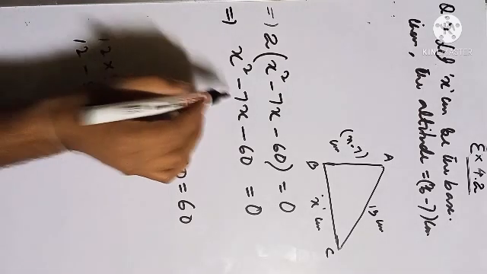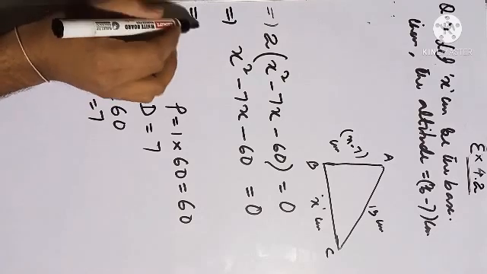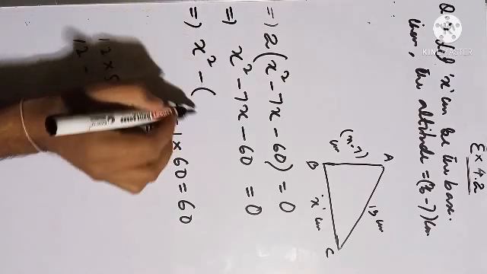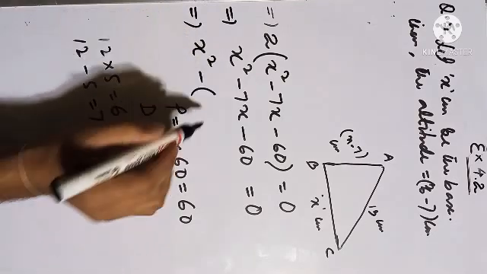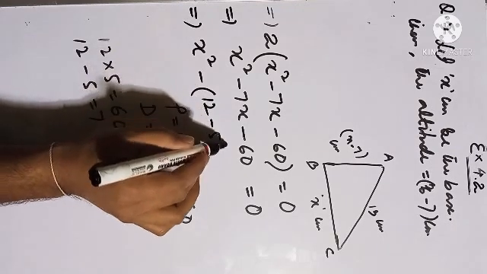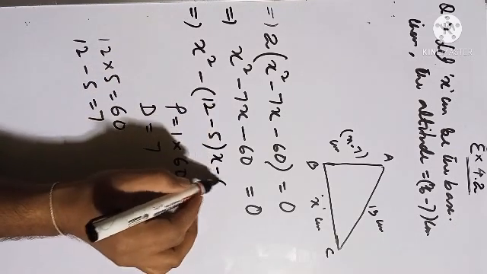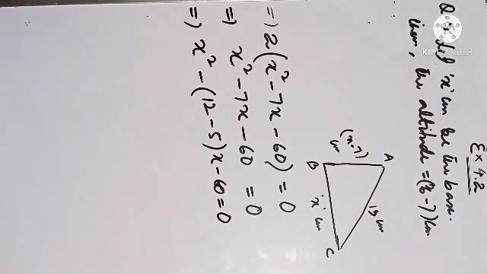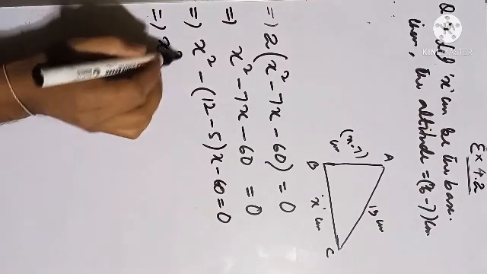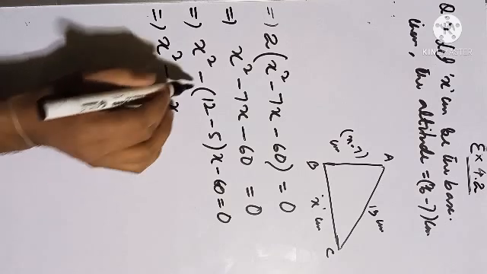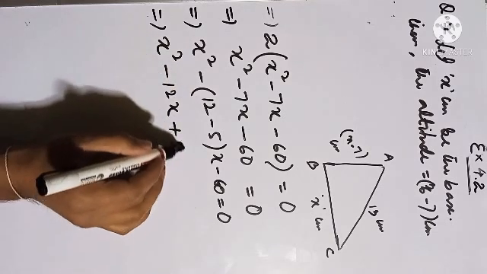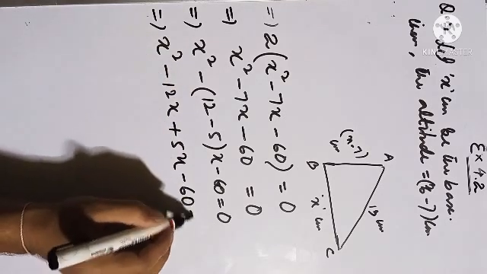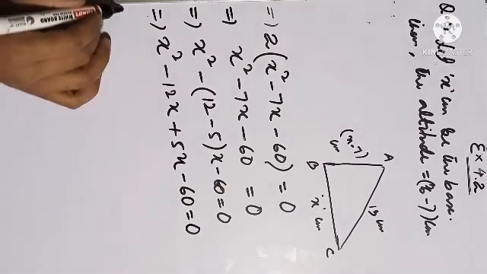So this 7 will be split in the form of 12 minus 5. Then x square minus 12x plus 5x minus 60 equal to 0, since minus into minus is plus.